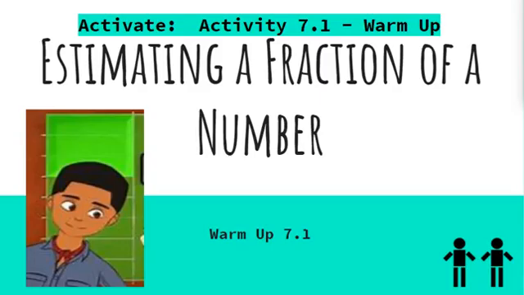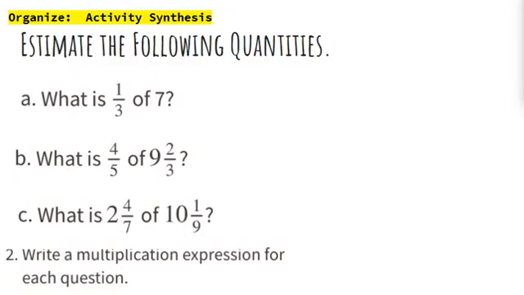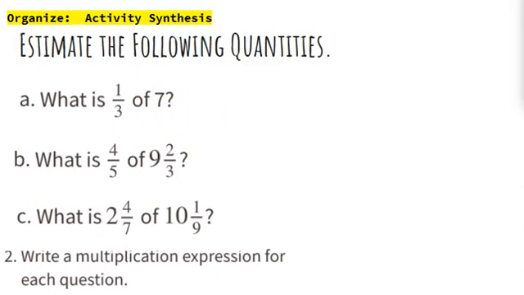Let's do a little estimating of a fraction of a number, okay? So what is 1/3 of 7? Well, if you think about 1/3 of 7, we're talking about "of" here, so that means multiplication, right? So we're talking about 1/3 times 7.